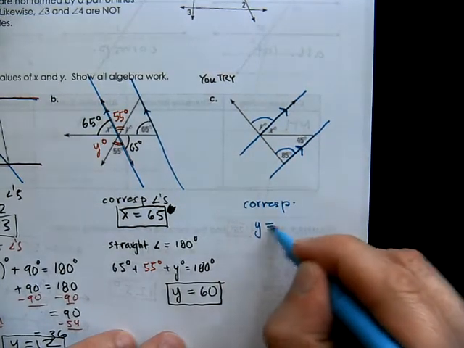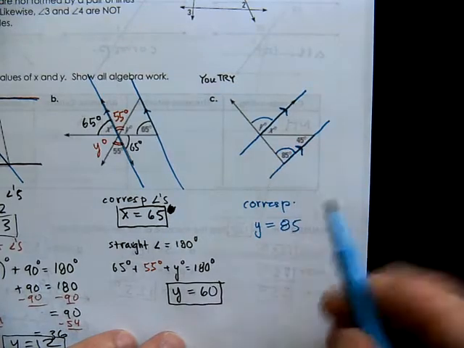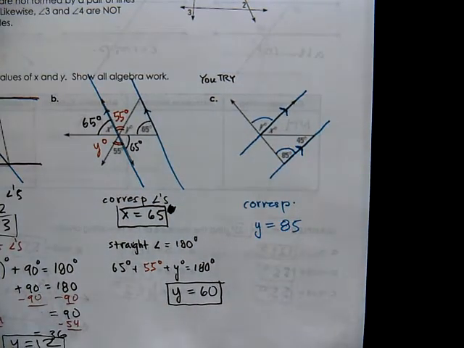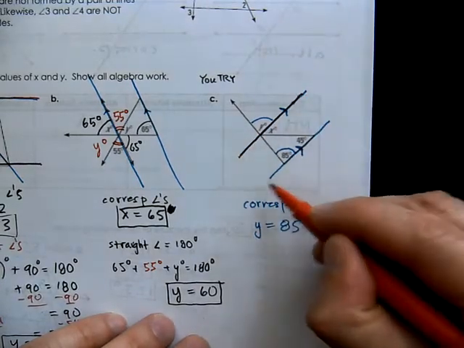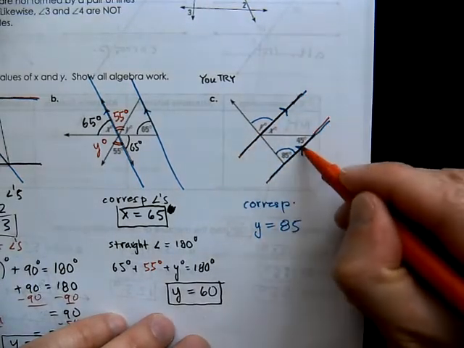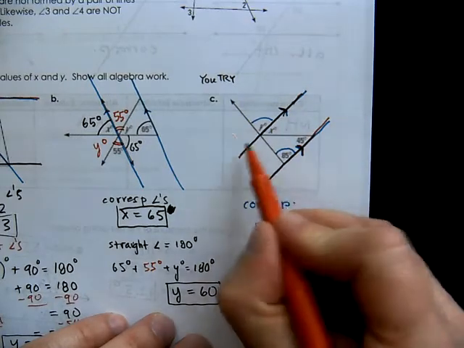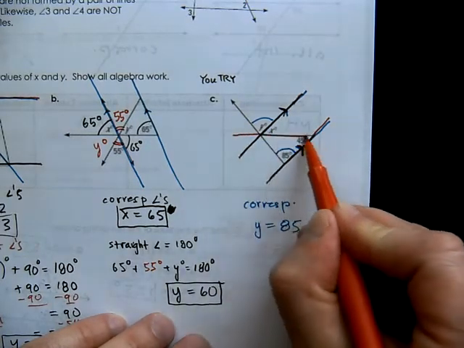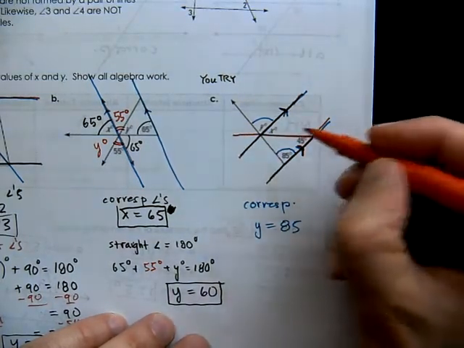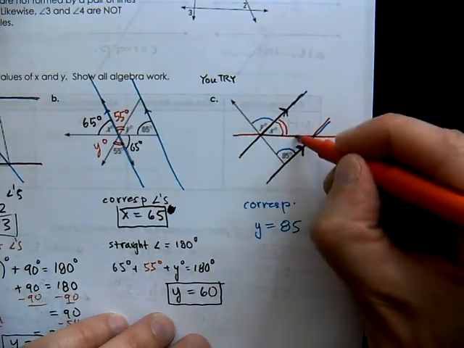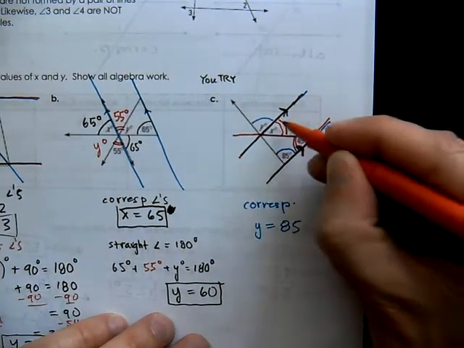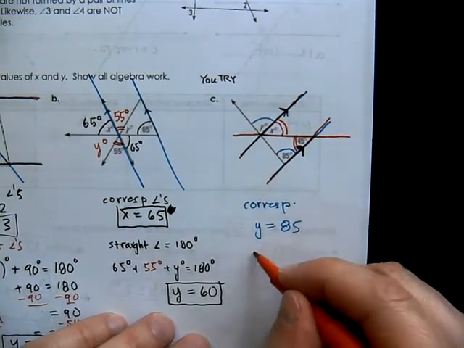So y equals 85. So that's our first one. And then if you take a look at these two parallel lines and this transversal, notice we have this x degrees and this 45 degrees right here. Those are alternate interior angles.